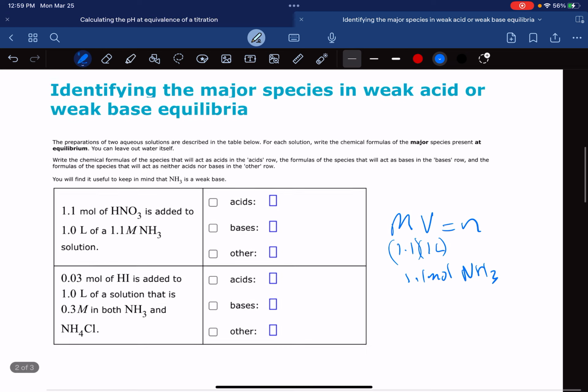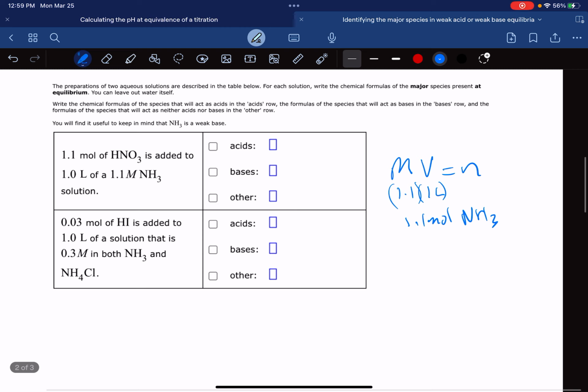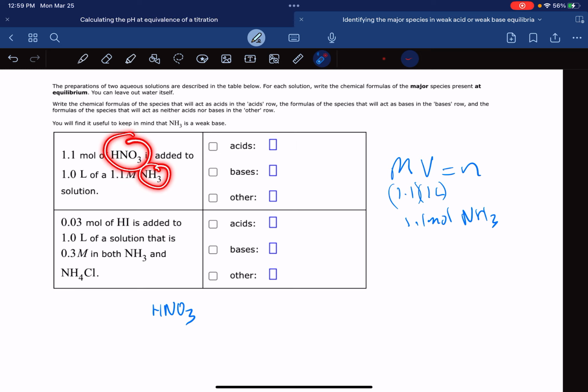So when we're taking a look at our reaction, what we actually have going on here is this. We have HNO3. Now, normally, anytime you have a strong acid being added to a base or a strong base being added to a strong acid, there's always two steps to your problem. One is do the stoichiometry first, and then two is take care of the equilibrium.